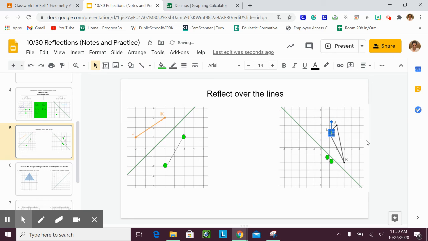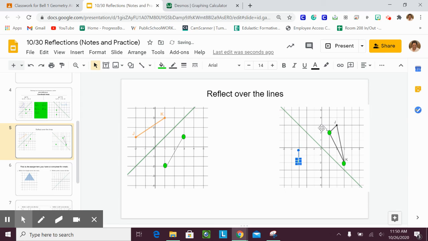All right. J, L, and K. Let's start with J. So if we're going to start with J, I know J is at 2, 3. So I'm going to flip them, but change them negative. So it's going to be at -3, -2.